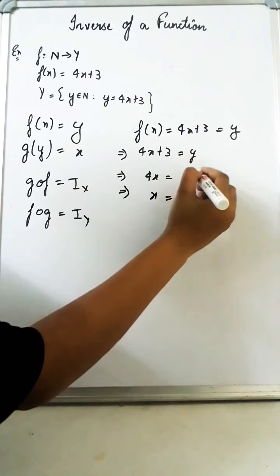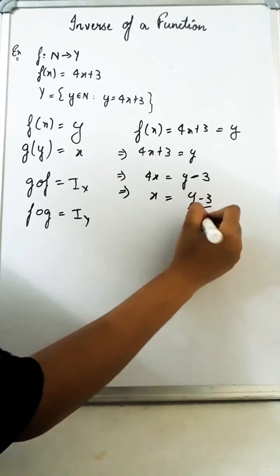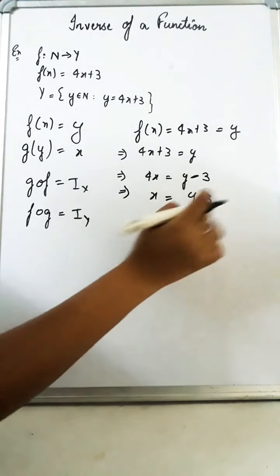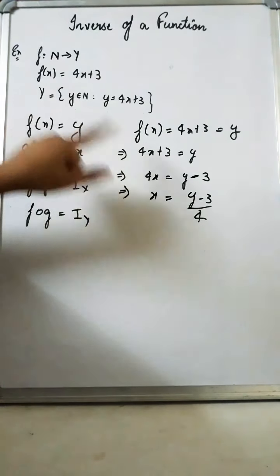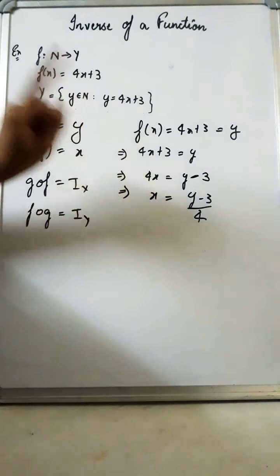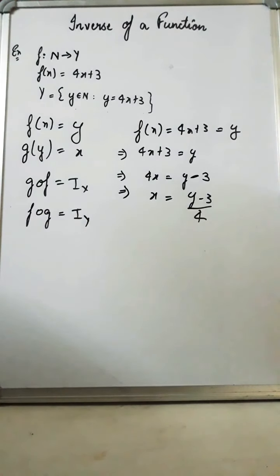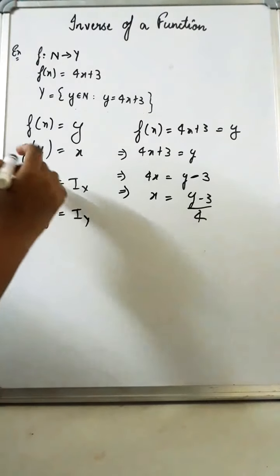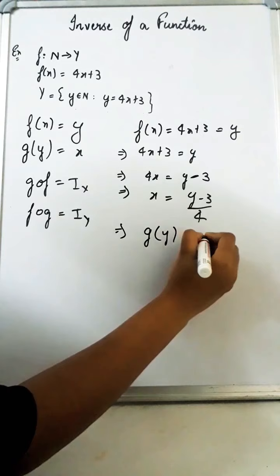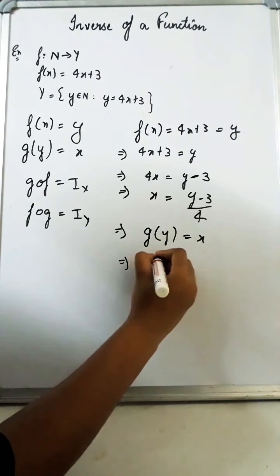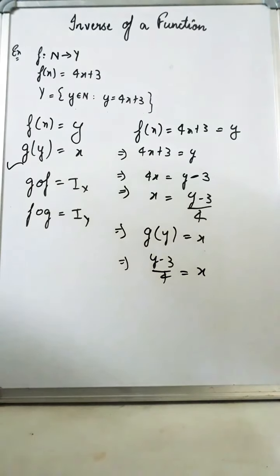It's actually y minus 3 and then y minus 3 upon 4. Alright, so you got x is equal to this, and y is a natural number only. You will find this satisfying. So you got that g of y is equal to x. What is g of y? It means (y minus 3) upon 4 is equal to x. Now one condition is satisfied.